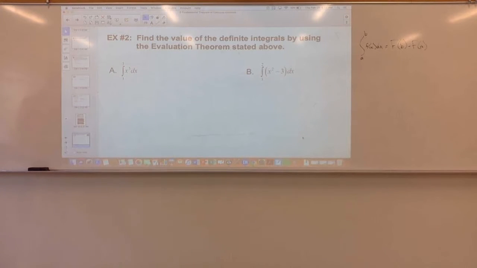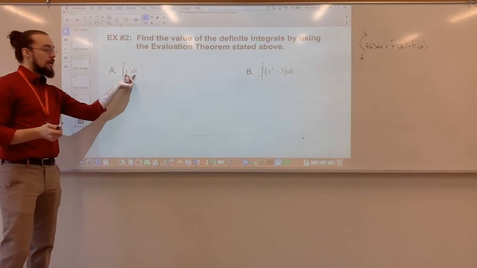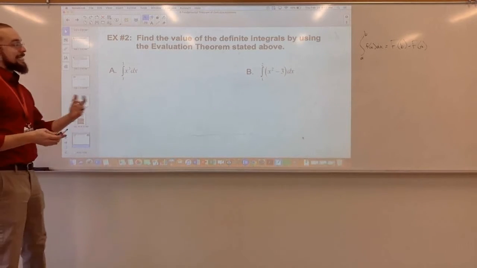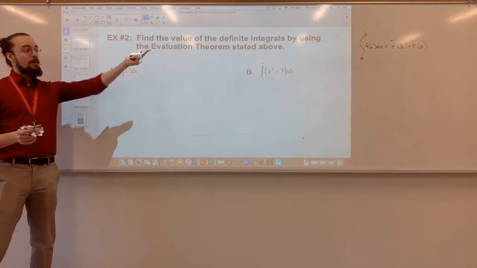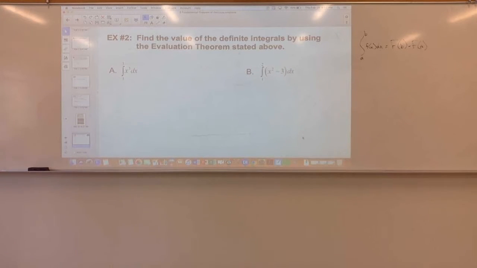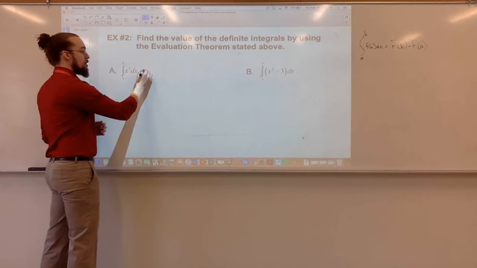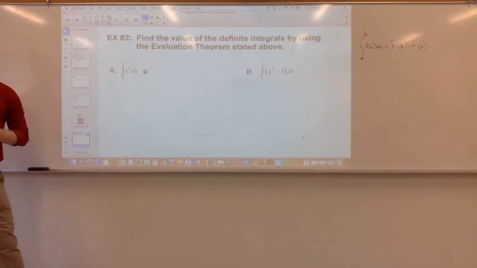We've never solved anything like the area under the x cubed curve. Everything we've done has been able to be done geometrically. Right? We've used trapezoids and triangles and circles to find exact areas, but now we can use the fundamental theorem to solve this. First step is to take the antiderivative.